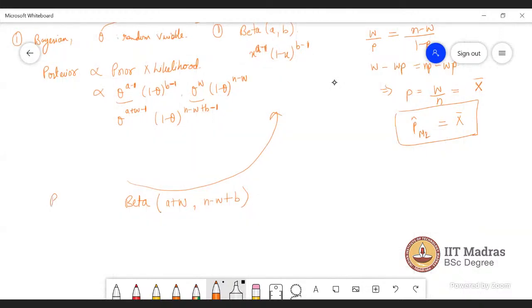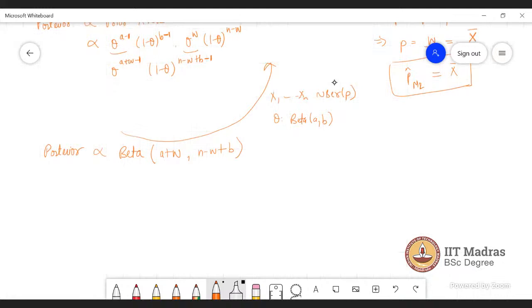So the posterior, when the prior distribution for theta was given as beta with parameter A, B, and the samples were coming from Bernoulli(p), in that case our posterior also comes out to be a beta distribution with the parameters A plus W, comma, n minus W plus B. So once you find the posterior distribution, you can find your posterior mean.